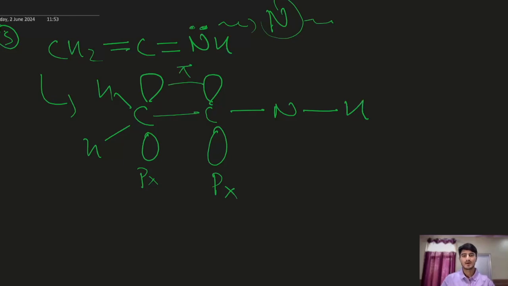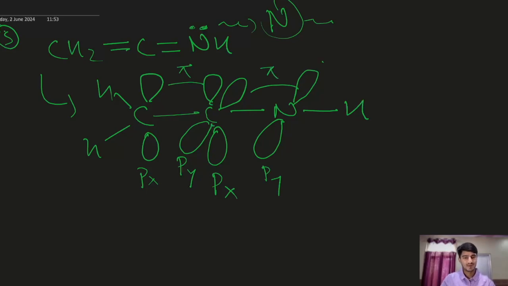Again, another pi bond is forming between this carbon and this nitrogen. As we can see, the px orbital is already used in forming a pi bond, so the other pi bond will be formed by the py orbital. So py and py of this carbon and nitrogen will form another pi bond.